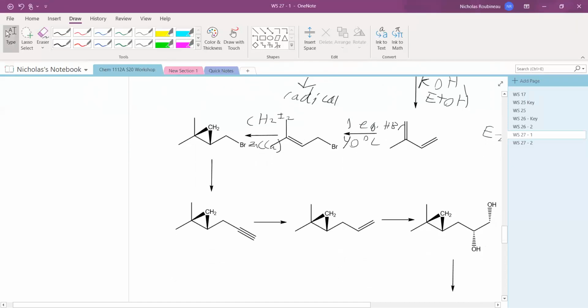Okay. Now how can we get from this reagent to that product? SN2, yeah, what kind of nucleophile are we using? Acetylide. Yep, and how many carbons are we adding? Because that's important. 3.